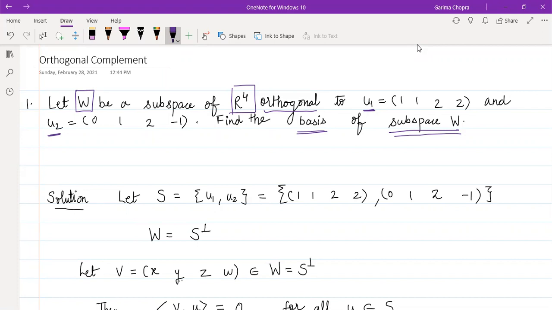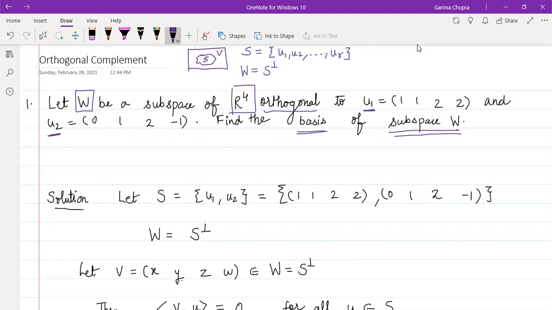Let us discuss the definition of orthogonal complement first. Suppose we have the inner product space V and we have any subset, say S, within this inner product space V, and say S has r vectors of the form U1, U2, up to Ur. Then the orthogonal complement of S, say W, is denoted by this notation.